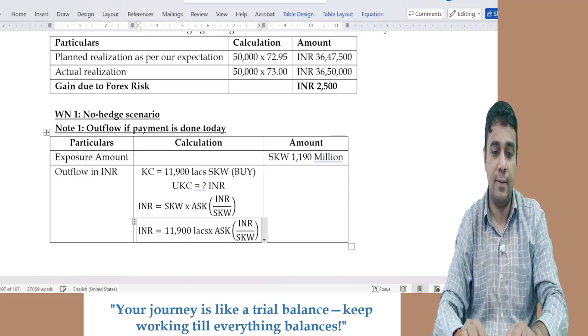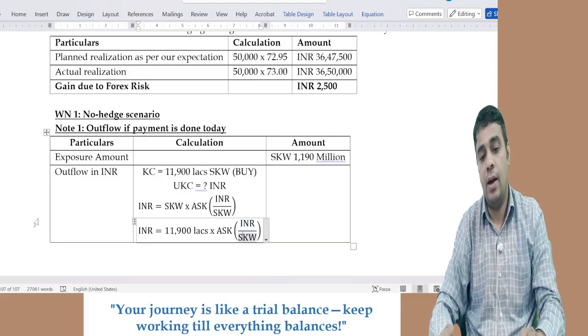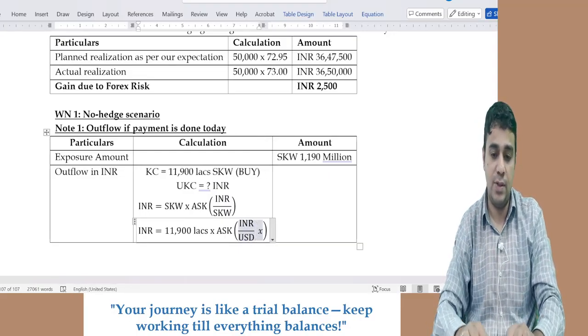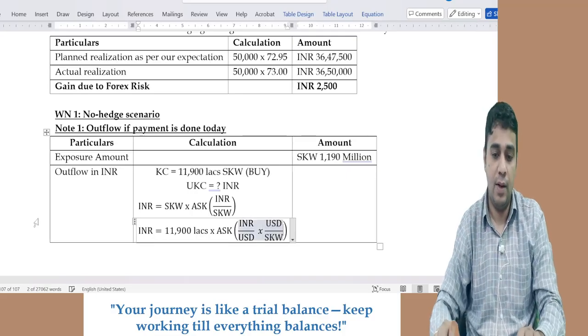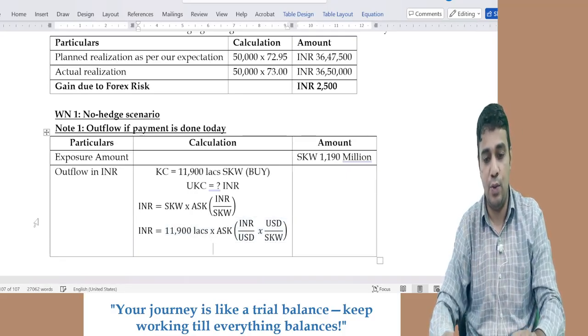11,900 lakh into, what is the connecting currency? INR per USD into USD per SKW.